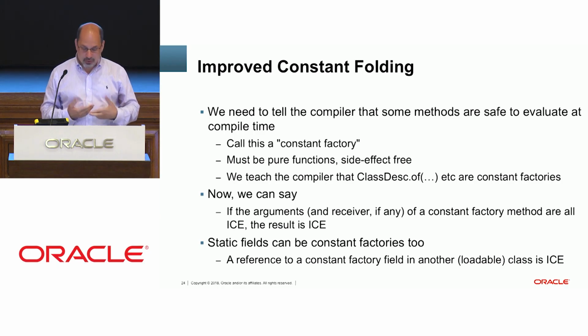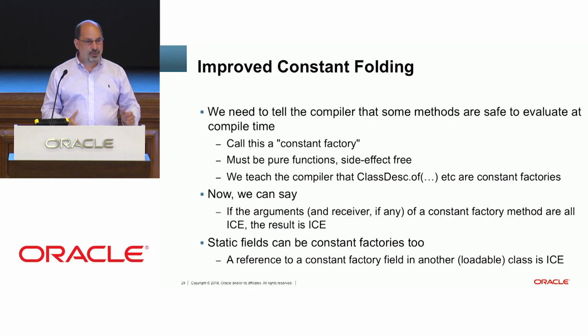So we teach the compiler this, and we teach the compiler that those factory methods, class descriptor of and method type descriptor of, are constant factories. And then we add a new rule to our set of what it is to be a constant, which is, if all the arguments, and maybe the receiver too, of a constant factory method invocation are all constants, then the invocation is a constant too. And we do the same thing for static fields.